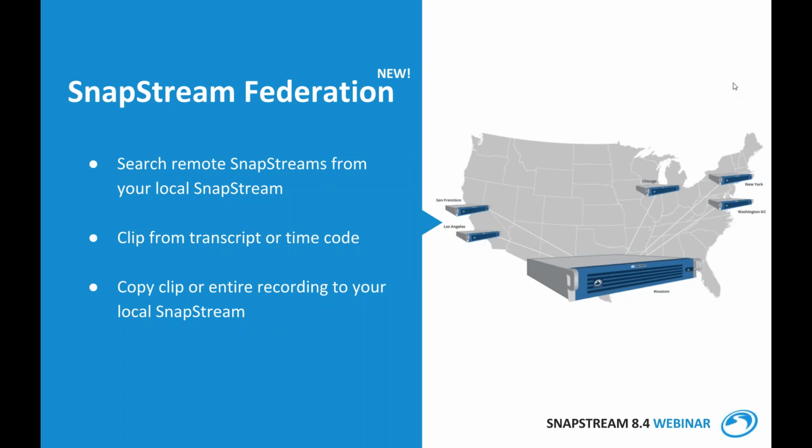You can also import the entire recording to your local server. Administrators can configure which remote server users and/or groups can search. Any questions on that? All right, let's go to the next.